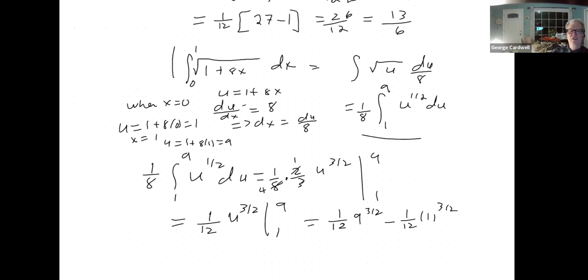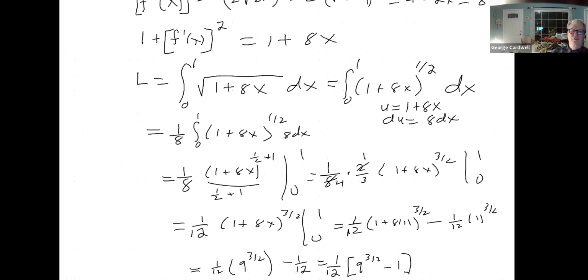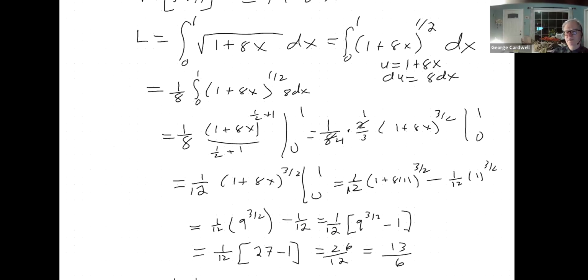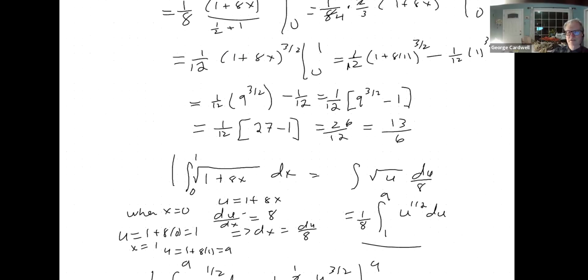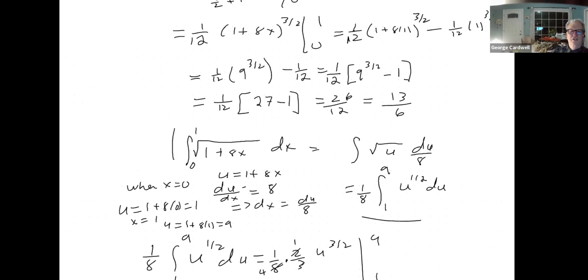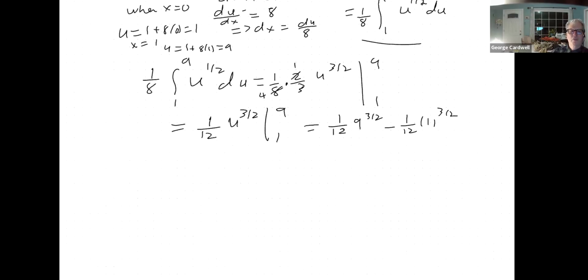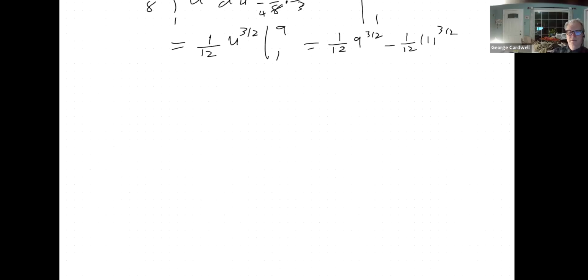I think books now tend to do this. You know, rewrite it as u and then integrate it. Whatever works for you is fine with me. Okay, because you're going to get the same answer if you do it right either way. Any questions on that? Okie dokie.